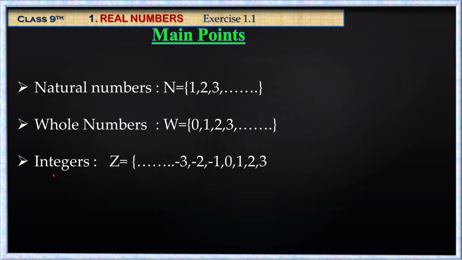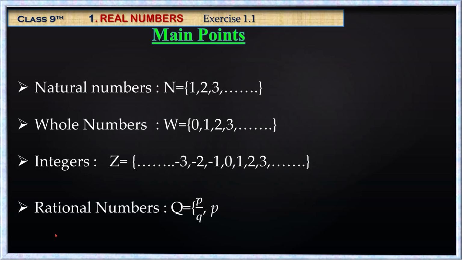Next, the integers set is denoted by capital Z. It contains 0 and the negative numbers minus 1, minus 2, minus 3 up to negative infinity, and the positive numbers 1, 2, 3 up to positive infinity.